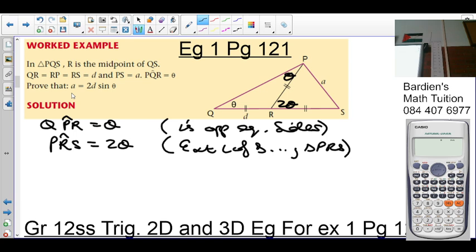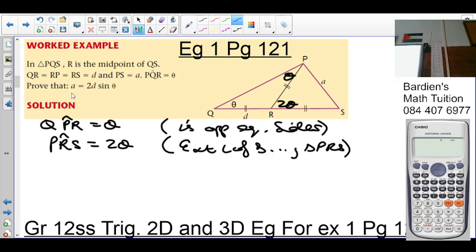Okay, I'm going to go down using the sine rule. At this point I could have used the cos rule if you want. But I'm going to use the sine rule, and for the sine rule I need another angle here. So I need to work out what angle S is.